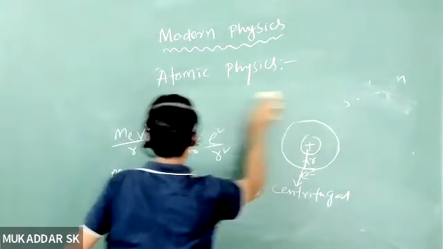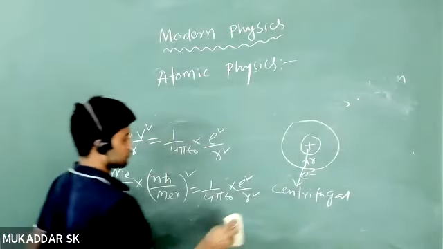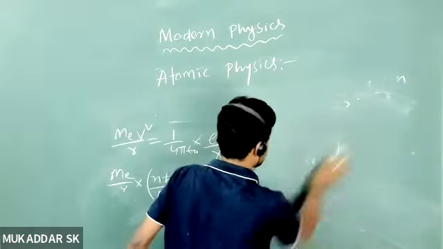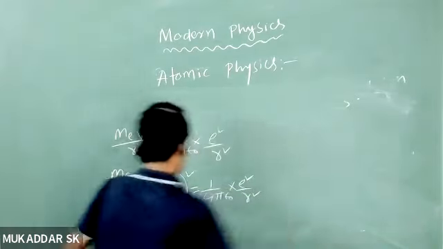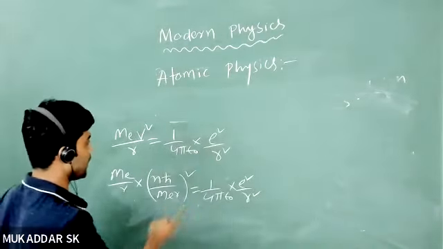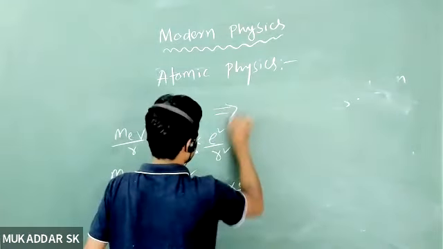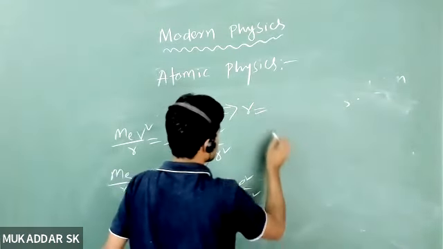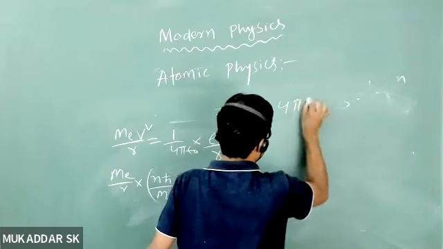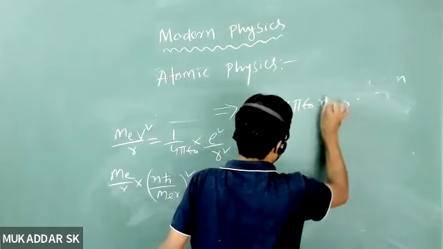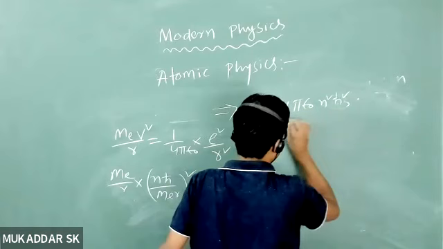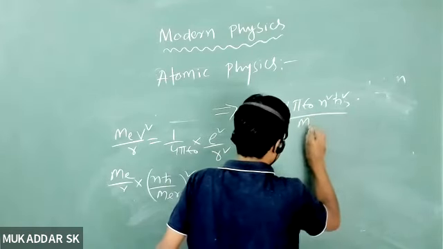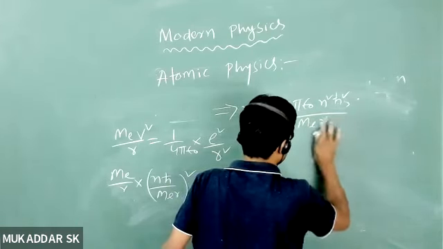If you solve it, you will get r equals 4 pi epsilon naught n square h cut square divided by m_e e square.